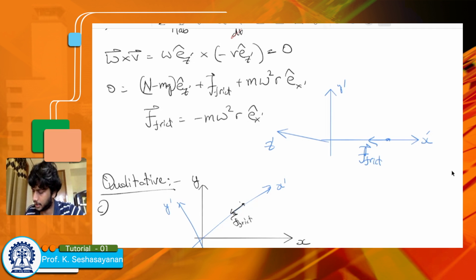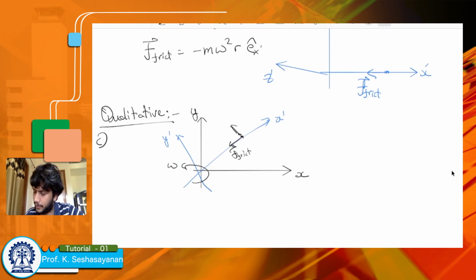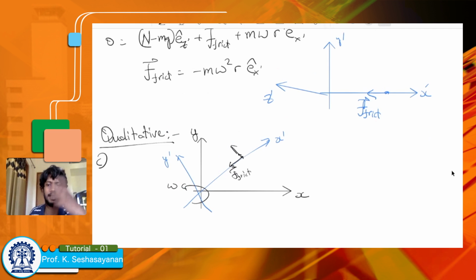Since the ant is rotating with the rotation rate omega, the tangential velocity vector changes direction, and you need a centripetal acceleration for the velocity to change direction. And this frictional force is the one which is giving the centripetal acceleration in the inertial frame. So this is slightly simpler to understand.